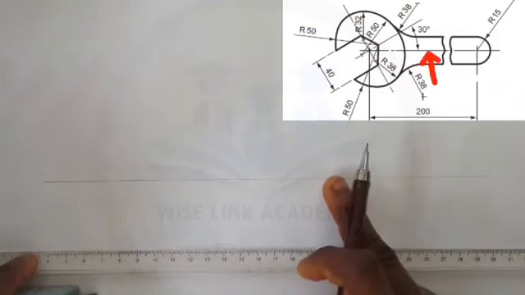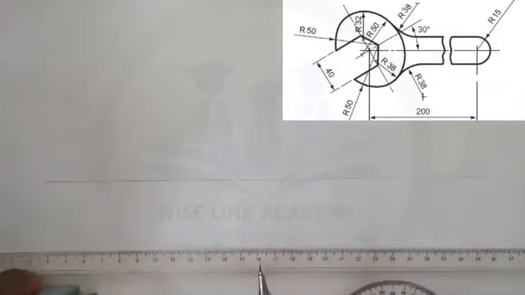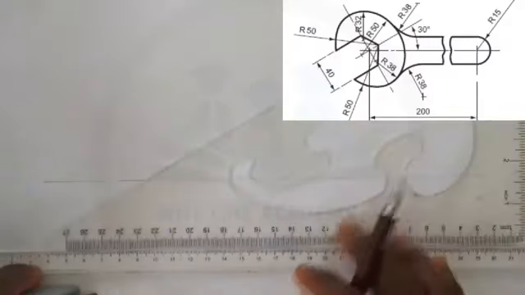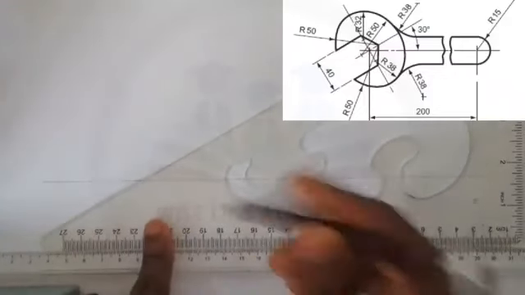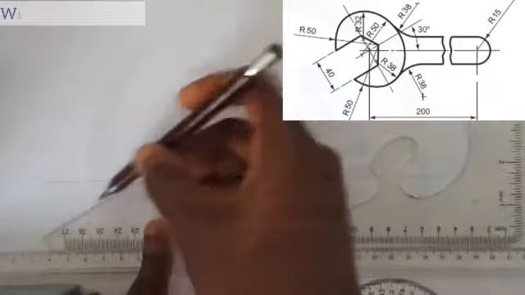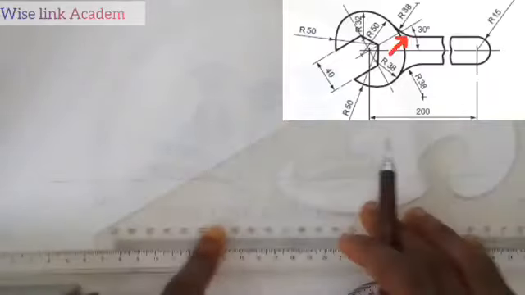My next task is to take my 60-degree set square, also called 30-degree set square, this way, and draw an inclined 30-degree line this way, right? I have this.